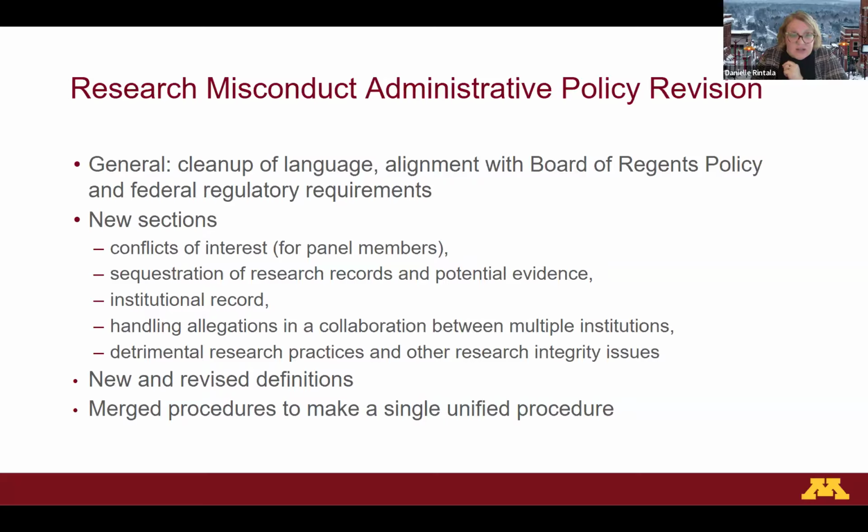Handling allegations and a collaboration between multiple institutions, detrimental research practices, and other research integrity issues. We had a whole smattering of new and revised definitions, and we merged the procedures to make one unified procedure because it was 3 separate ones, which confused people. They're like, well, I don't know which one to pick when I want to understand how a process is being reviewed. Now it's one procedure.